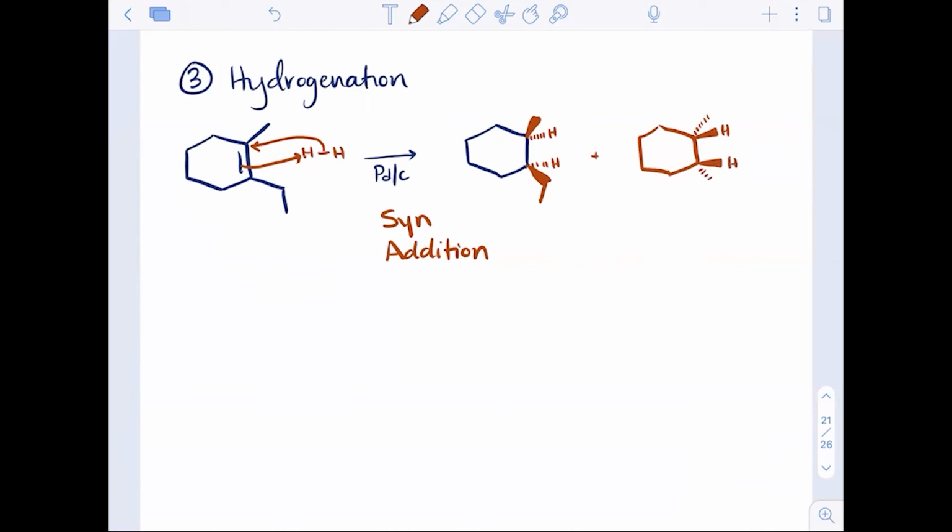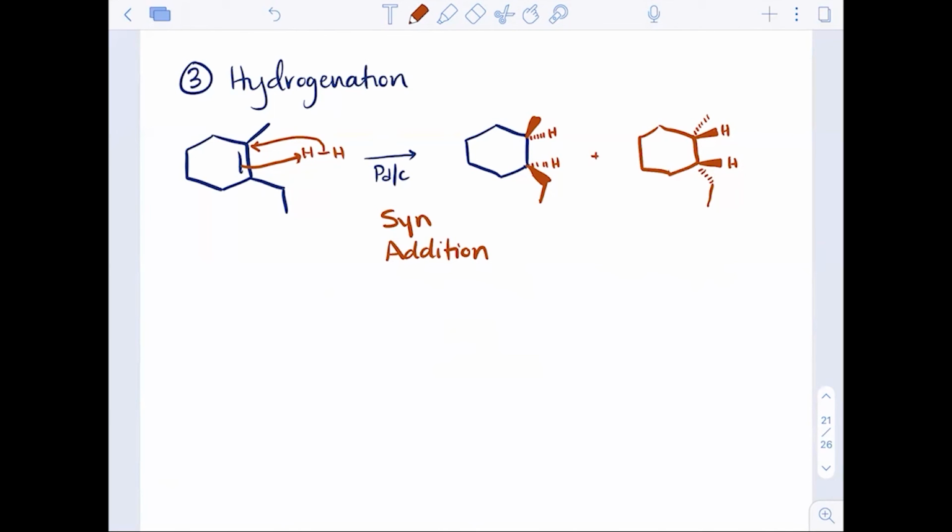So with these concerted style mechanisms where there's really no intermediate, what we want to be able to say on those rate determining steps, the first step of hydroboration oxidation and this only step in hydrogenation is syn addition, concerted mechanism where the two sigma bonds are being added at the same time, they have to be added to the same side. We could get enantiomers, right?